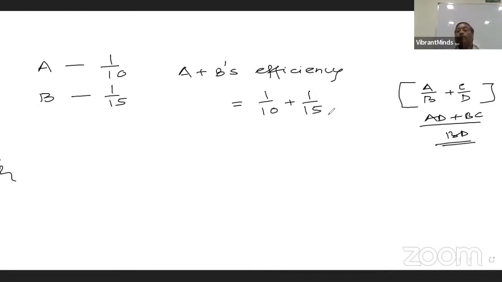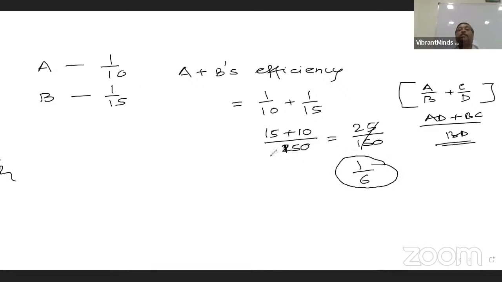So it is 15 into 1, plus 10 into 1, divided by 15 into 10, that is 150. So it becomes 25 upon 150, and can I say 1 by 6. So 1 by 6 is the combined efficiency of A and B.